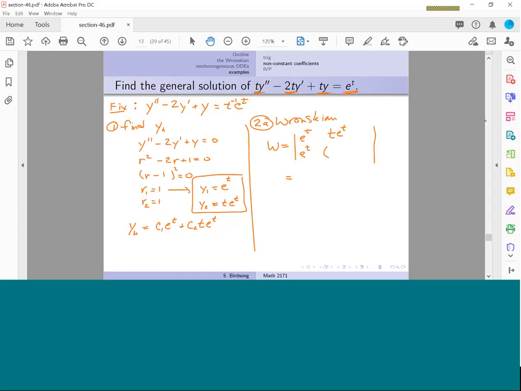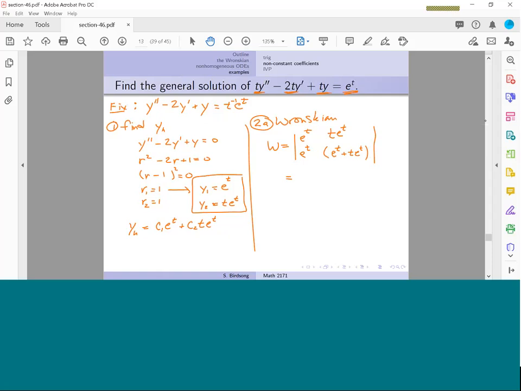Ooh, I love it when they all come in at once. So yep, product rule, we'll take the derivative of the first, which is 1 times e to the t, plus t times derivative of the second, which is still e to the t. So we got e to the t plus t times e to the t, and all the ones that I see coming in look like they're right, just flip-flopped in order.